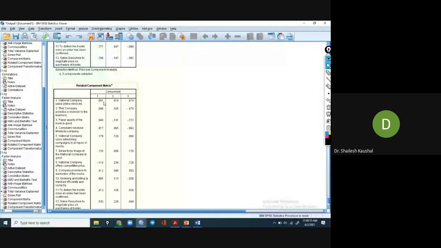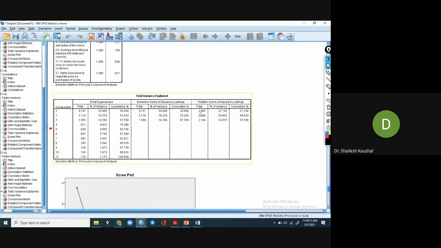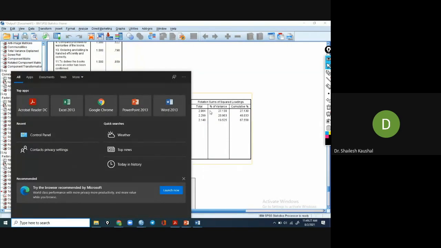When I square all the factor loadings vertically, 0.041 squared plus 0.049 squared plus 0.0696 squared plus 0.040 squared, and add them in the rotated component matrix, I obtain the value 2.984. Then I divide 2.984.